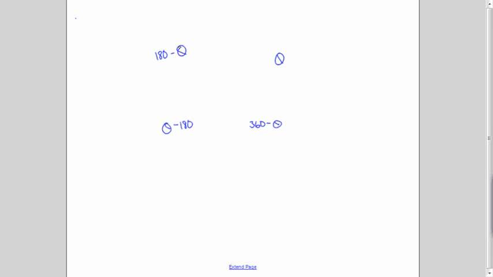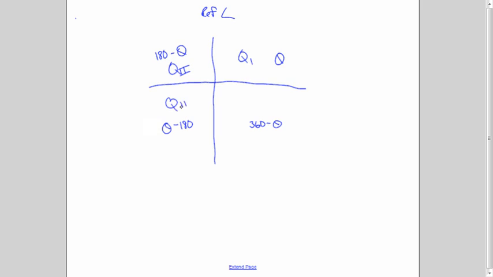To find the reference angle in the given quadrants, you're using these formulas. So for Q1, Q2, then you've got Q3 here, and you've got Q4 here. Now if you notice, this only works if the angle is in fact positive. I'll give you some examples later where it's in fact negative.